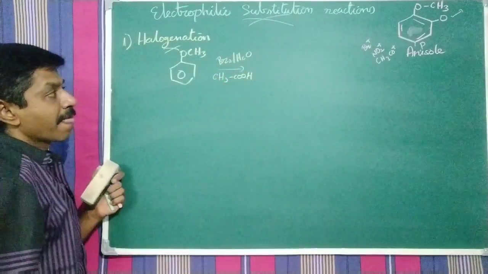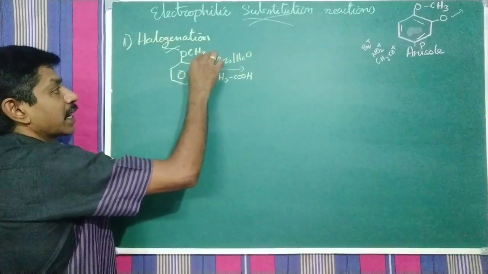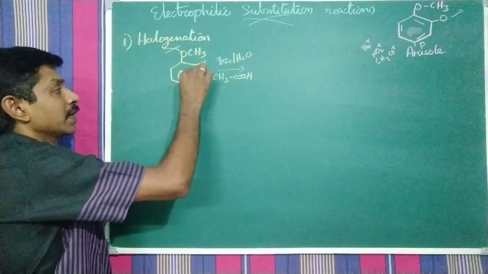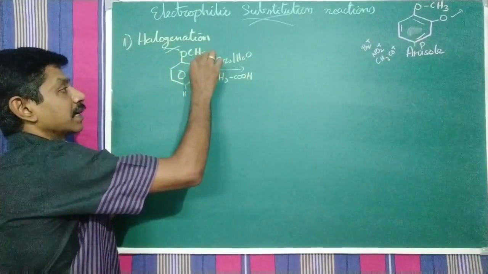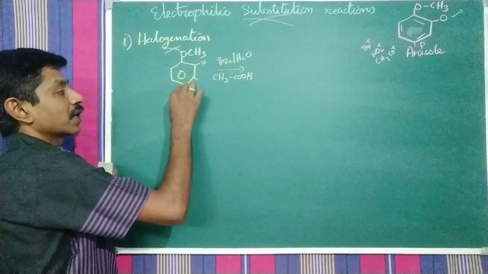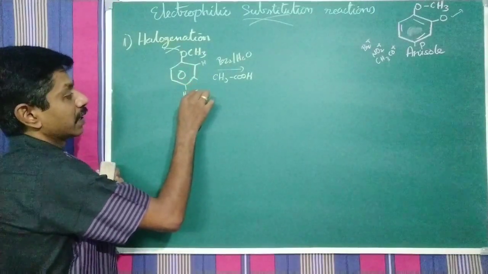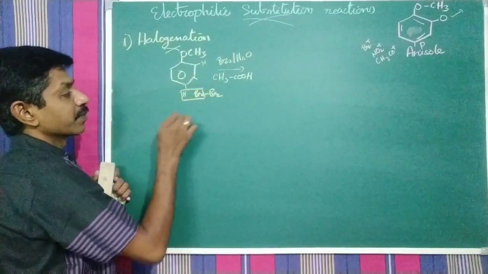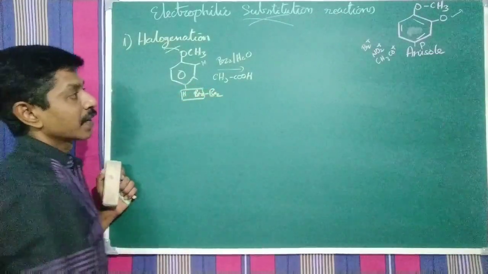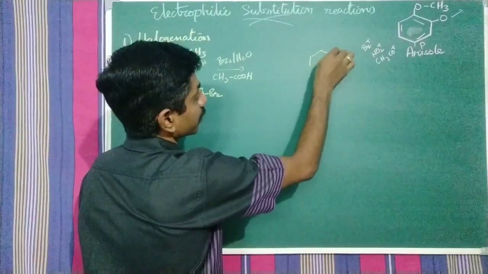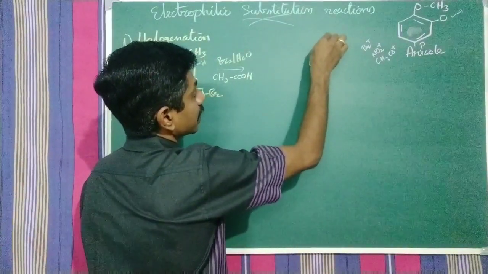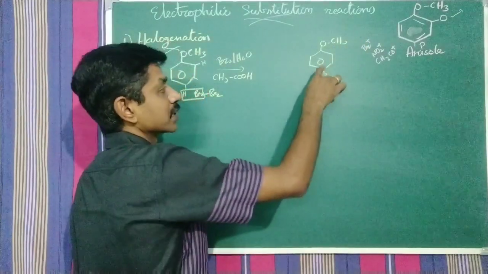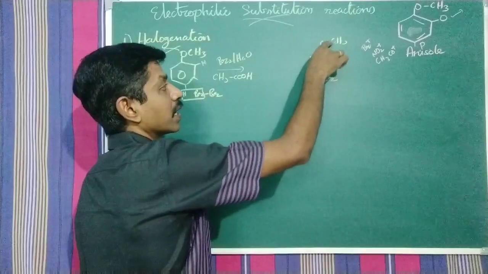And as I just told you, there will be hydrogens available in every corner of the benzene ring, and we are worried about only the ortho hydrogen and para hydrogen. If you go for bromine addition, HBr will be removed, bromine gets attached. And we'll get one of the products at the para position brominated, and the name of this compound is para-bromoanisole.